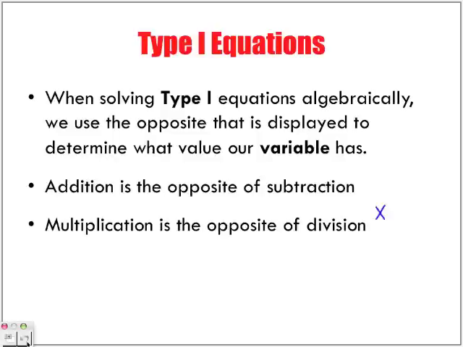So if you're multiplying on one side of the equal sign, you're going to divide. If you're dividing on one side, when you move it to the other side, you will multiply. So that's what we mean by the opposite of what's displayed. And I'll show you more, like I said, so focus on the examples that we do.